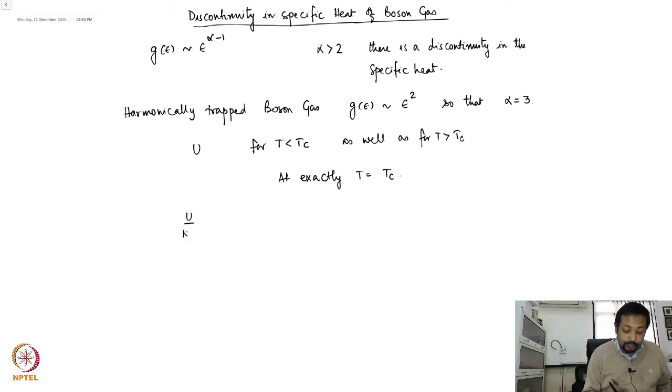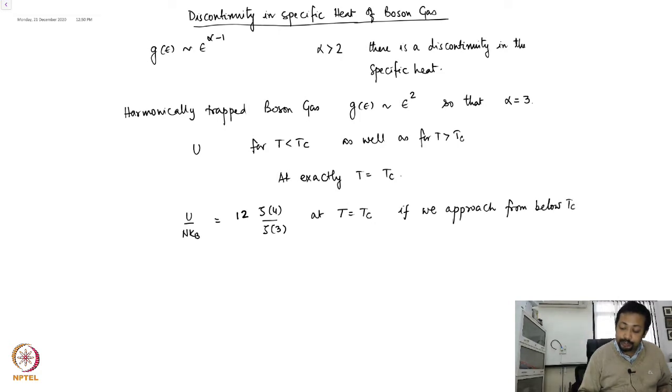U over N k_B was 12 times zeta 4 over zeta 3 at T equal to Tc if we approach from below Tc.